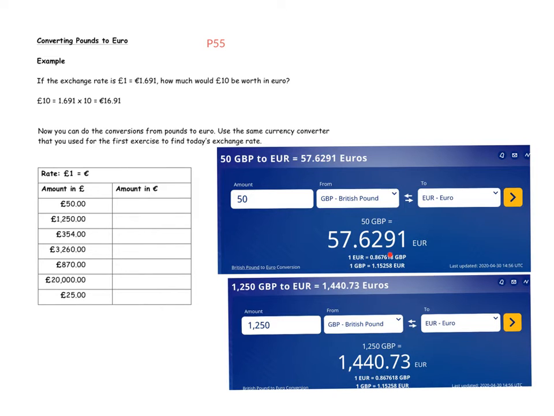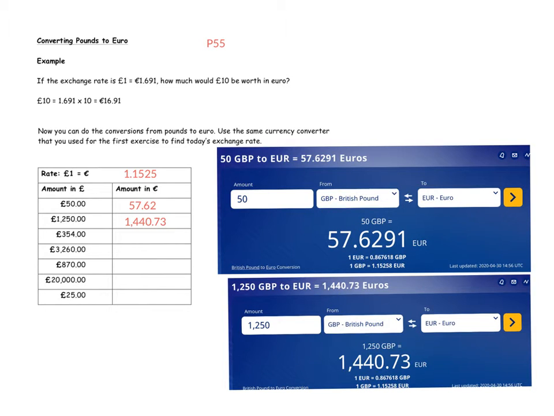So you need to put it on the top in the table. Okay, make sure you have it. This is the rate you're converting, you multiply by. So we will be multiplying this amount of money by our rate. So let's put it on the top.